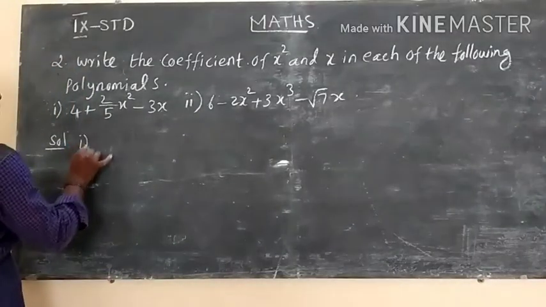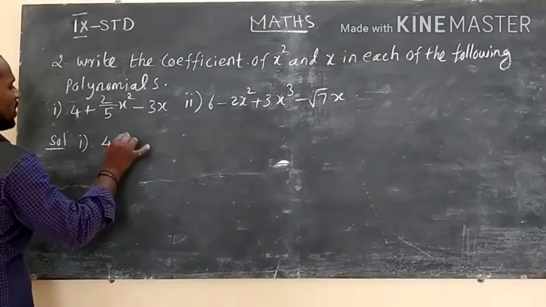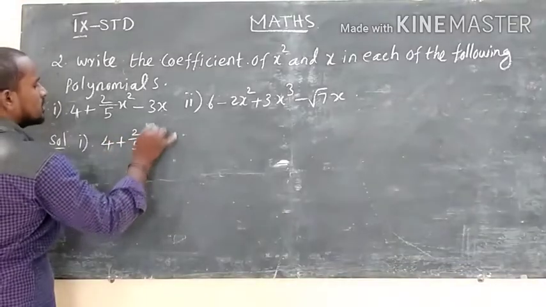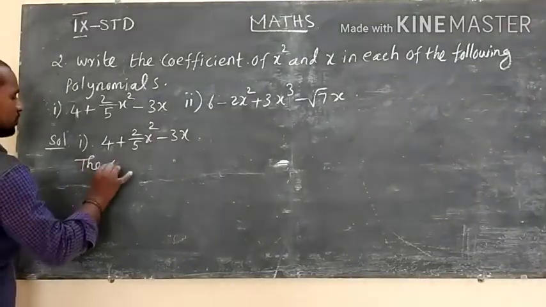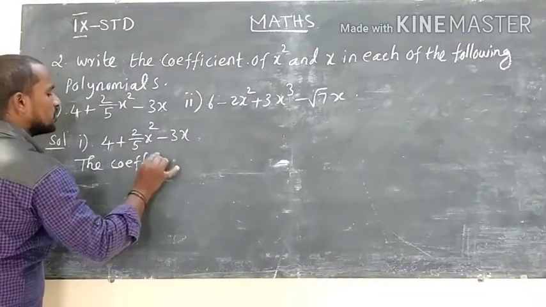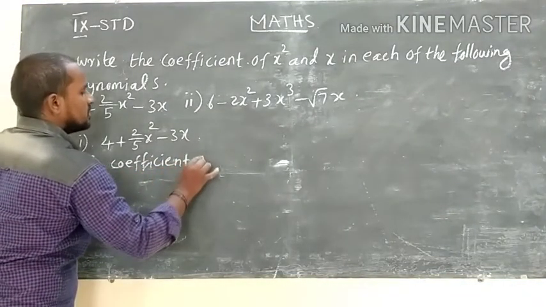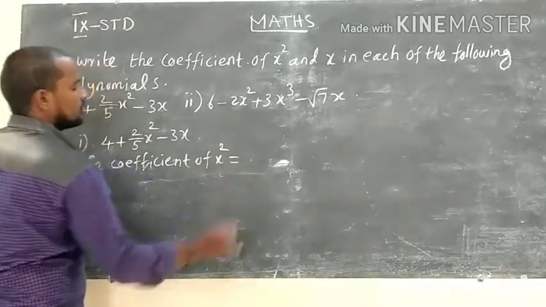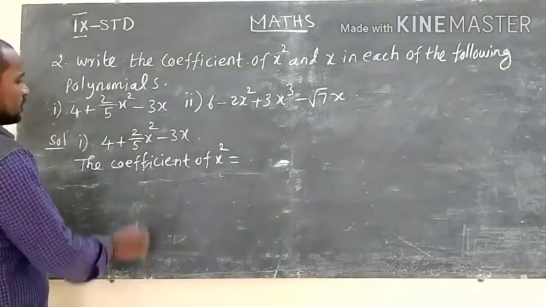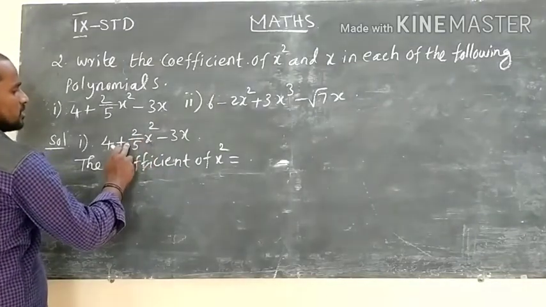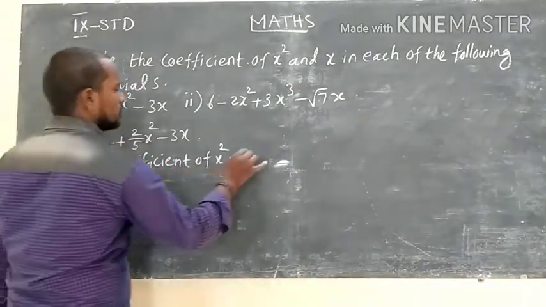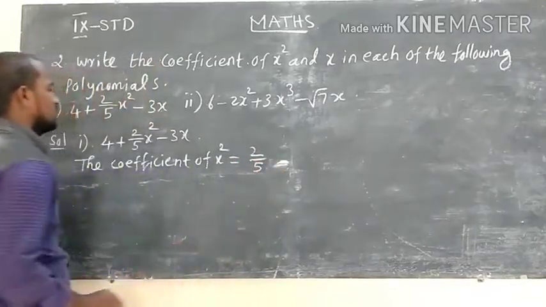Okay. The first question, 4 plus 2 by 5 x squared minus 3x. The question is the coefficient of x squared. So the remaining term with this variable is 2 by 5. That's the answer.